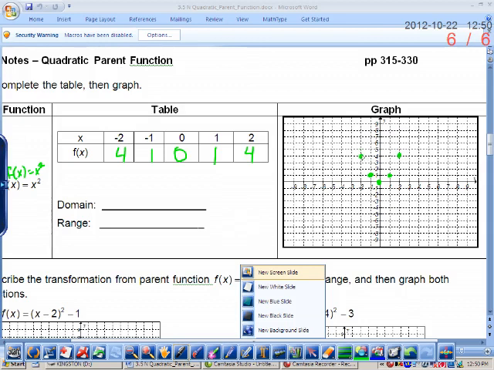You should pretty much be able to plot the quadratic parent function in your sleep by now. Okay, what's the domain? Negative infinity to infinity, all real numbers. What's the range? 0 to infinity.